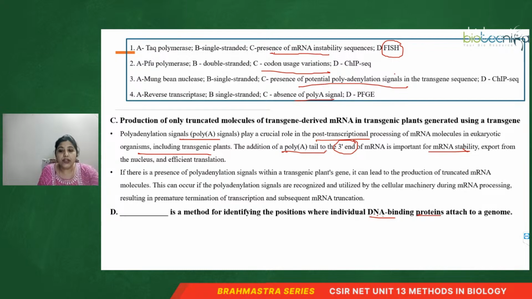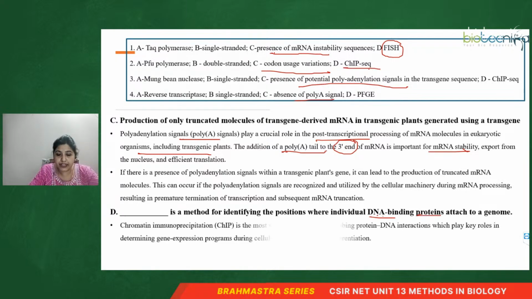This is achieved using ChIP sequencing, that is chromatin immunoprecipitation followed by sequencing, a technique widely used for probing protein-DNA interactions. And PFGE, pulsed-field gel electrophoresis, is mainly used to separate large genomes like those of mammals. So again, this confirms our answer: ChIP sequencing, which is given in option 3.